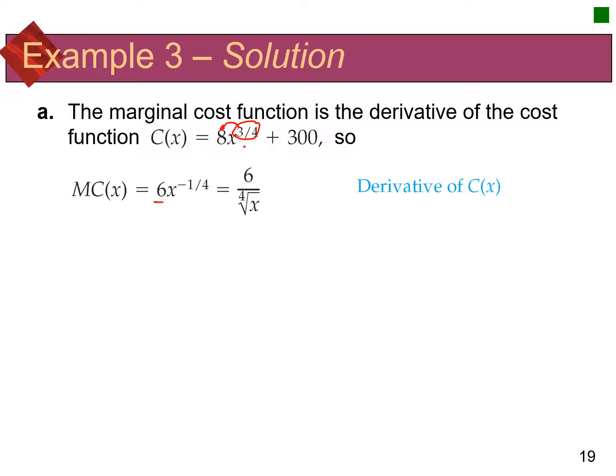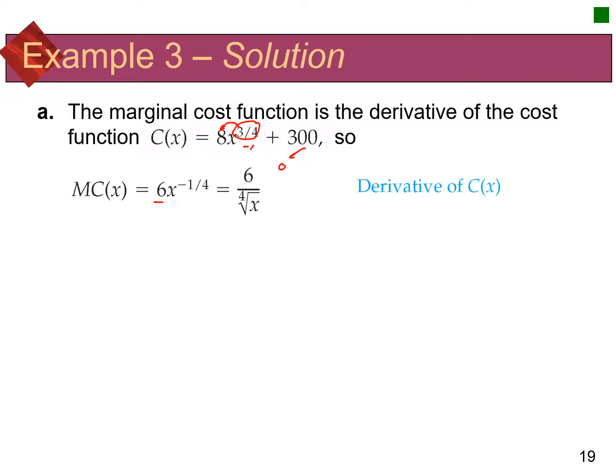I subtracted 1 from this to get a minus 1/4. The plus 300, the derivative of that becomes 0, so that's why you don't see anything following it. And they moved it around to say that 6 times x to the negative 1/4 power is the same thing as 6 over the 4th root of x. So that's the marginal cost function.